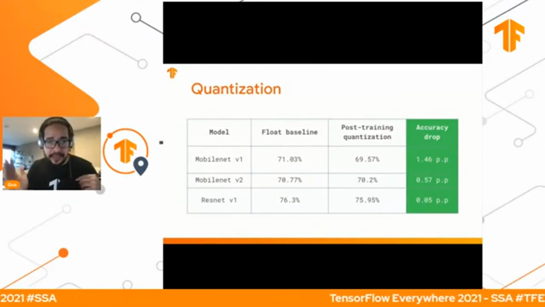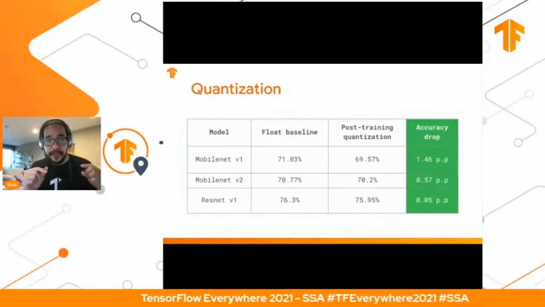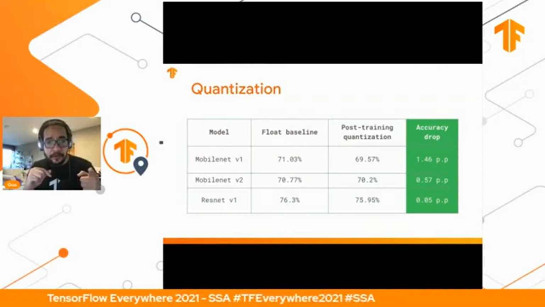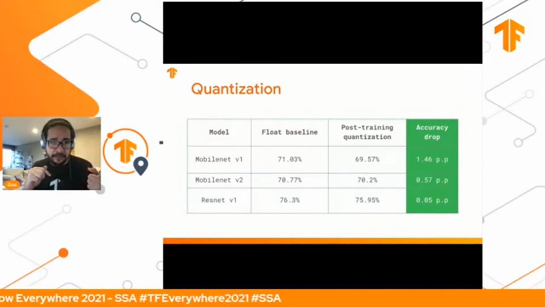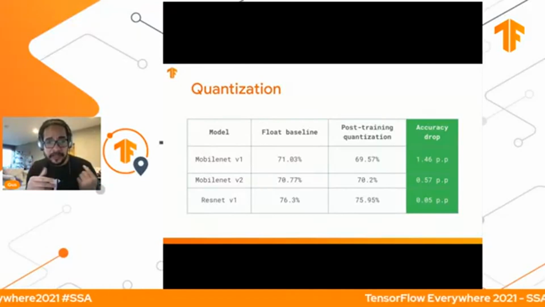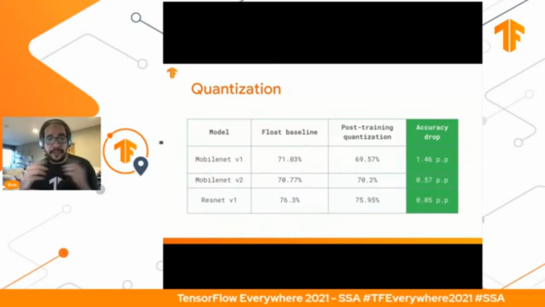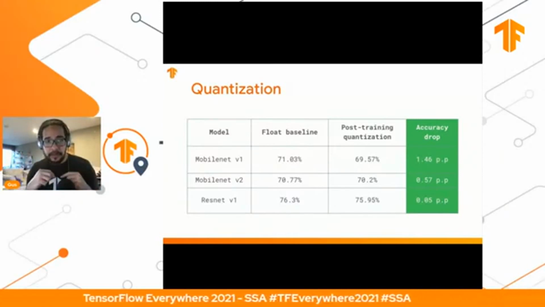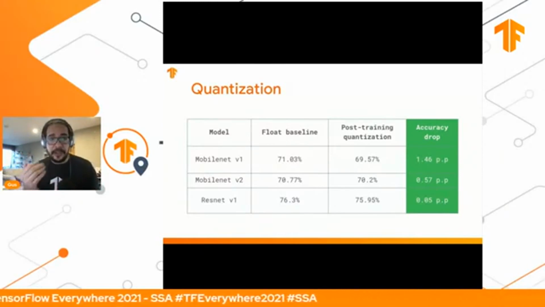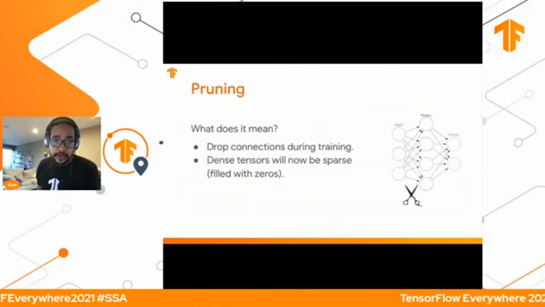And on the side, if you do the quantization to integers, you can see that you lose about 1.5% in the first one, but the other is less than 1%. The last one is not even 1%. So you can see that you can make your model way smaller and you still have a very good accuracy. So quantization is your friend, and it will help you with deploying models.